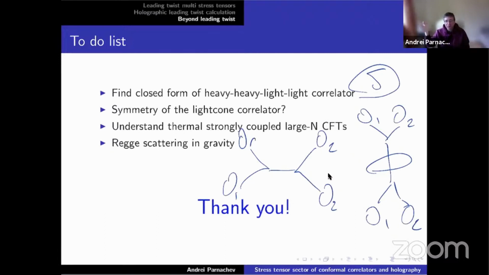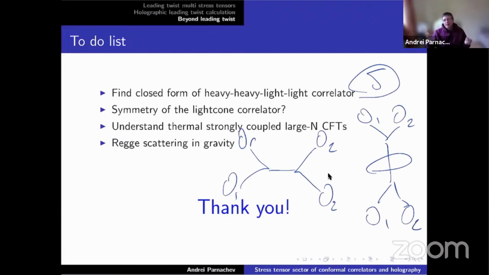This is what the original paper on chaos, the bound on chaos paper, did. Now you can also consider the 2-point function of the stress tensors in this regime, and you happily observe that the butterfly velocity, the parameters that you get from the pole skipping, agree with the parameters that you get from the chaos bound.